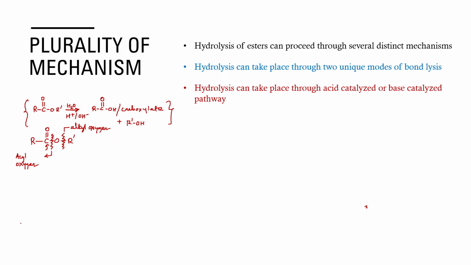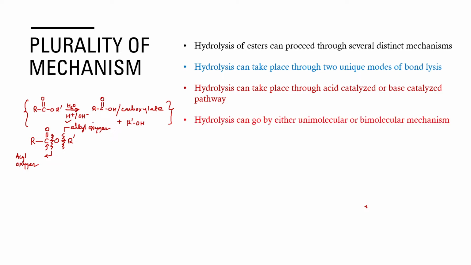Another reason that there is more than one mechanism for this reaction to occur is that this hydrolysis can take place through an acid catalyzed mechanism or through a base catalyzed mechanism. मतलब इसको करने के या तो आपने acid से catalyze किया है, or you have catalyzed it using a base.